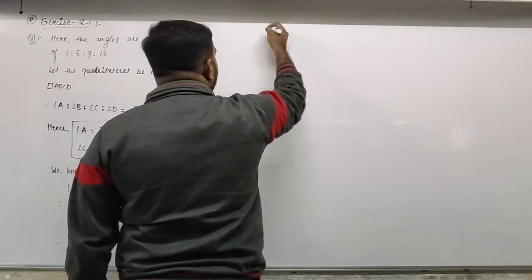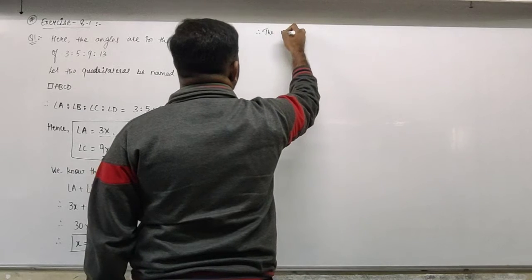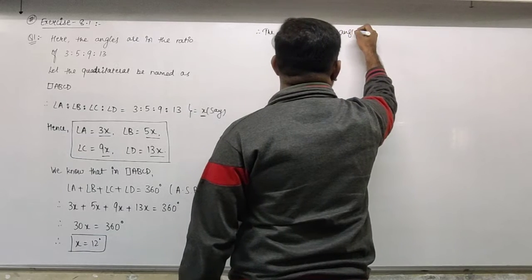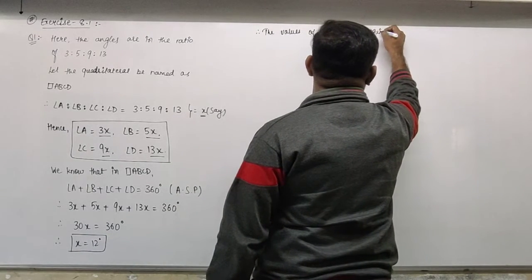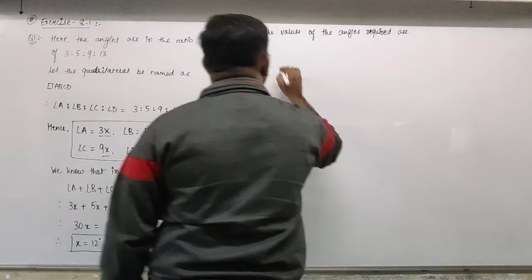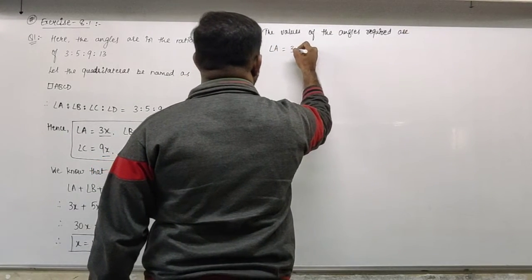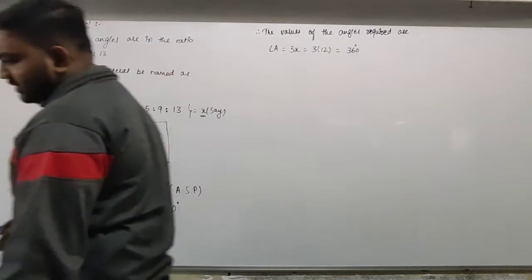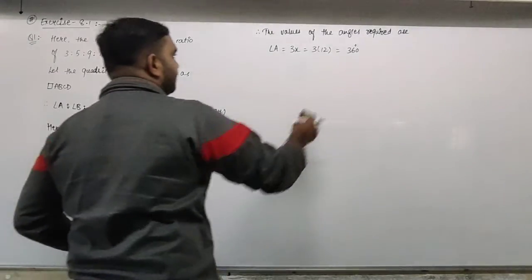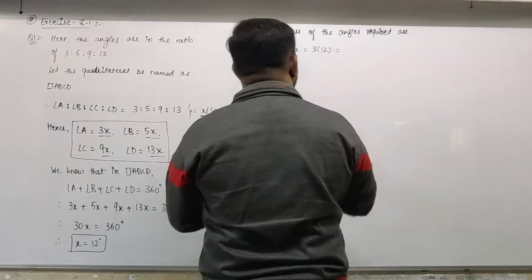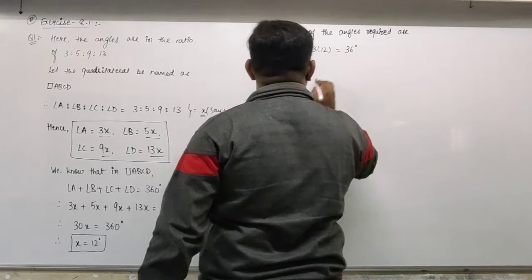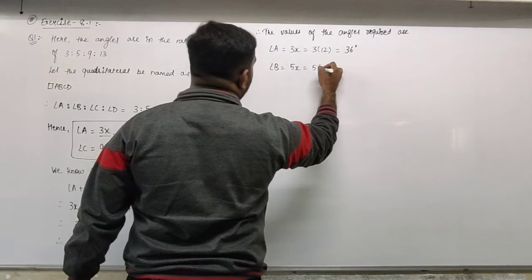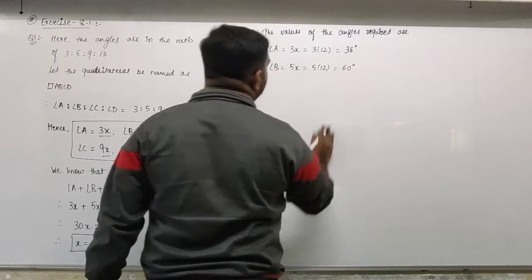Then let us find the remaining. Therefore, the values of the angles required are: angle A, that is 3x, 3 into 12, 36 degrees. Angle B, 5x, that is 5 into 12, 60 degrees.